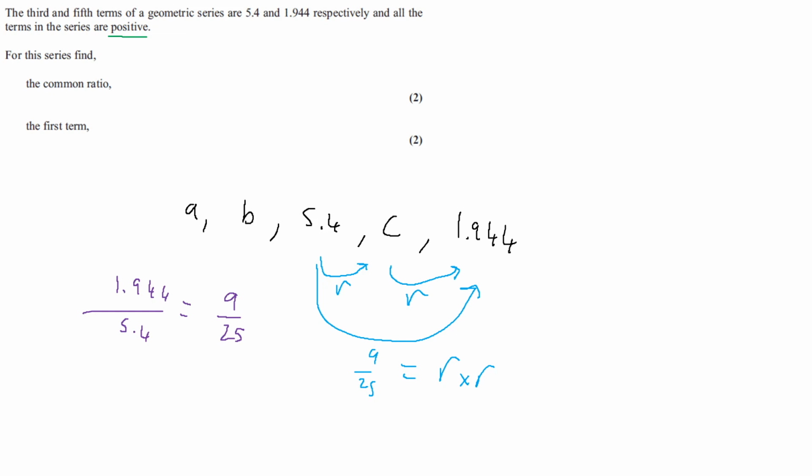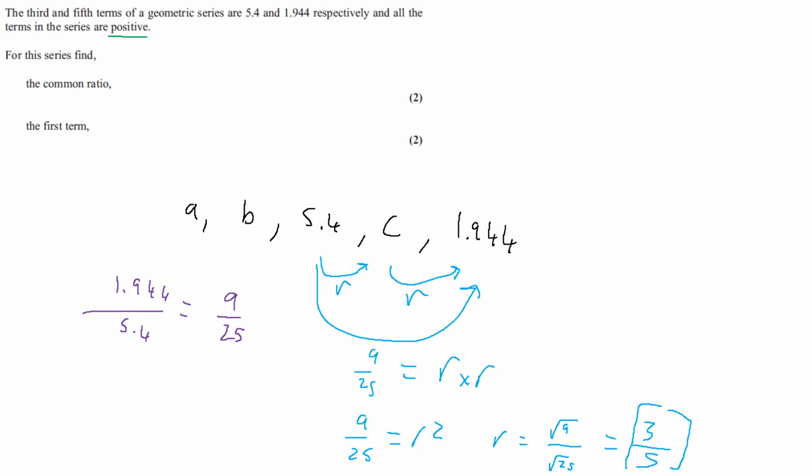Because all we're doing is timesing R twice. So therefore 9 over 25 is equal to R squared. R is equal to the square root of 9 over the square root of 25, which is equal to 3 over 5. So each time we are multiplying by 3 over 5.